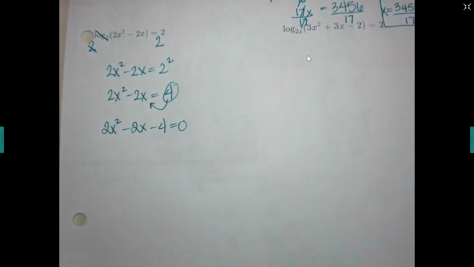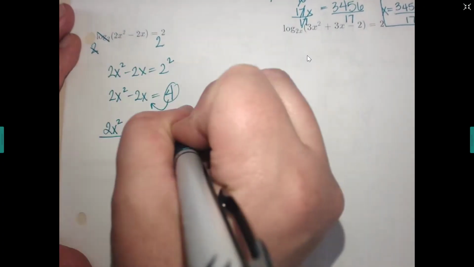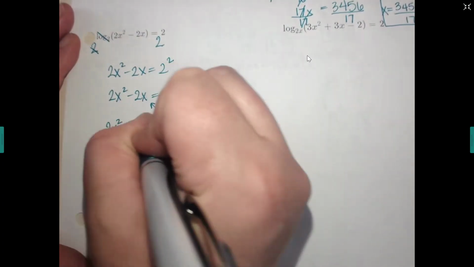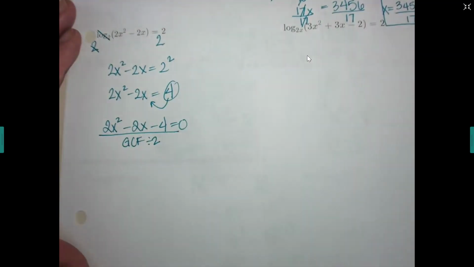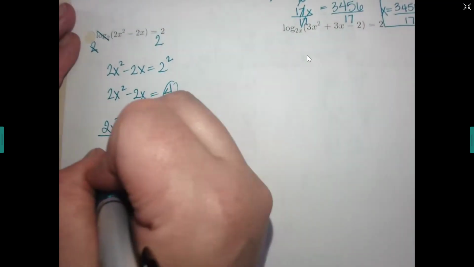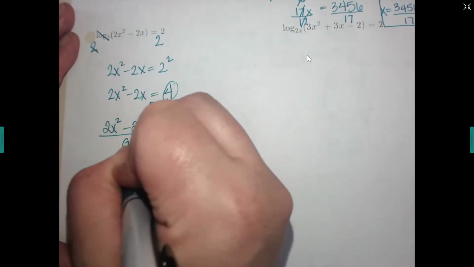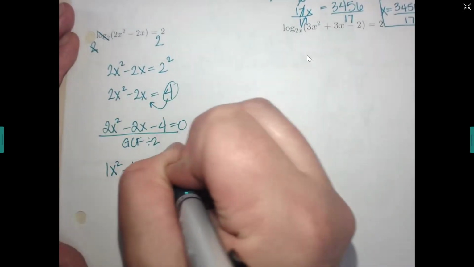Now, should I AC chart right now, yes or no? No, because if everything can divide by the same thing, remember, you should do it. So we're going to divide these all by 2. That's going to give me a 1x squared minus a 1x minus a 2.